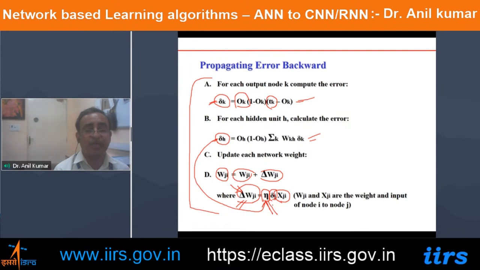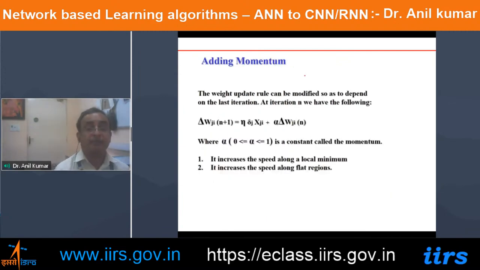A higher eta value, which is provided by the user for the complete model, means that at the beginning the learning rate will be more. It will adjust the weight faster. If the learning rate is small, it will adjust the weight slowly. A second parameter also comes, called momentum. The weight update rule can be modified so as to depend on the latest iteration.